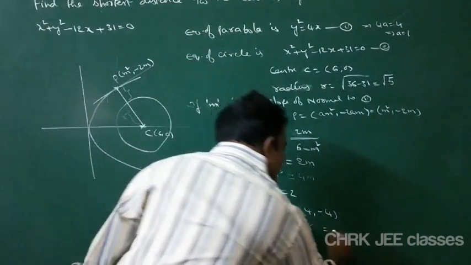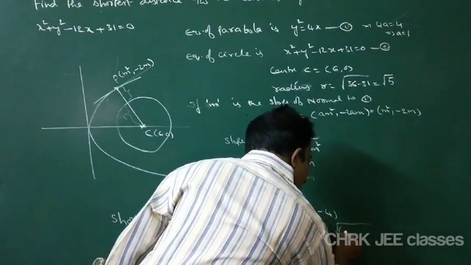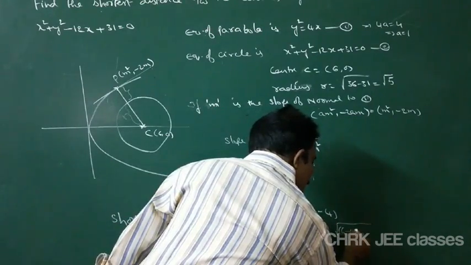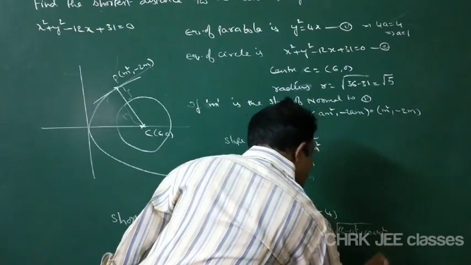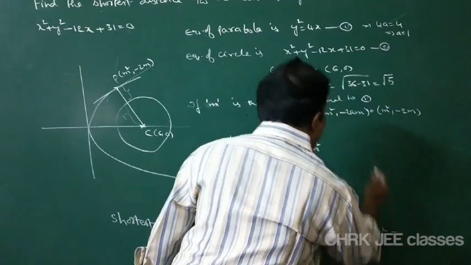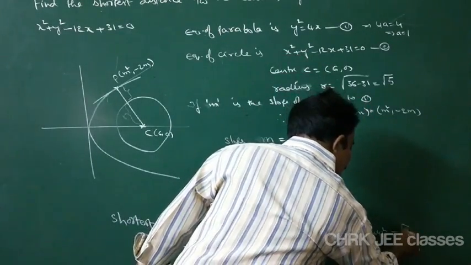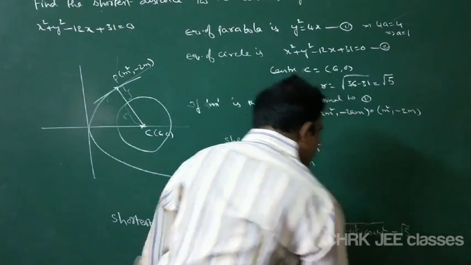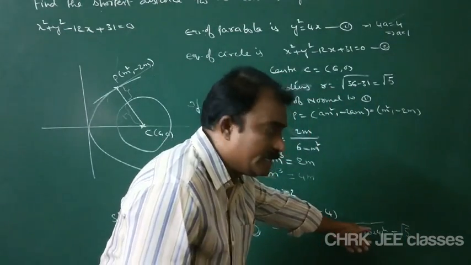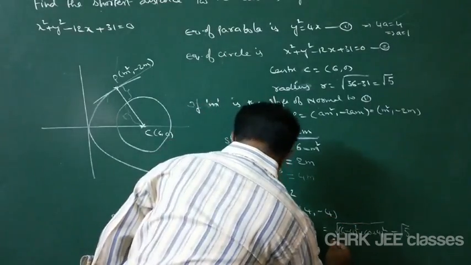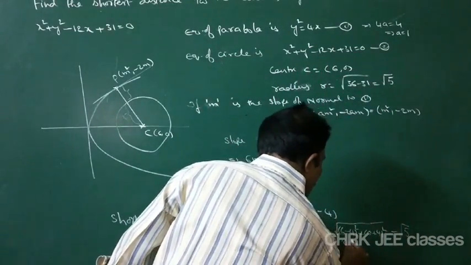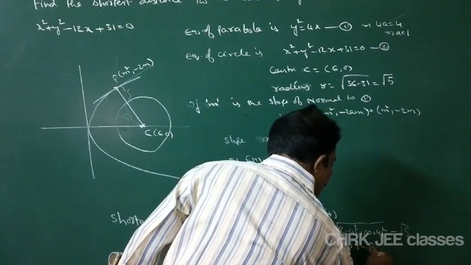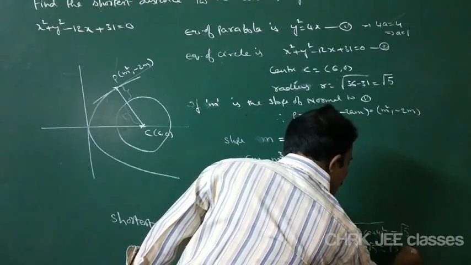Root over 6 minus 4 whole square plus 0 minus minus 4 whole square, minus what is R? Root 5. This is 4 plus 16, 20. 20 is nothing but 2 root 5. 2 root 5 minus root 5, that equals root 5 units.